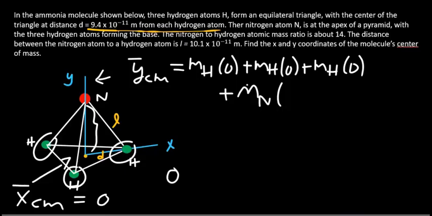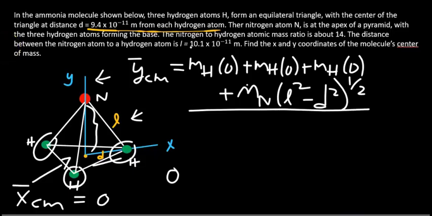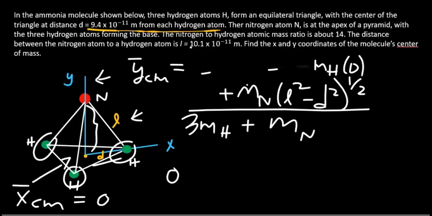And we know that to be the square root of the hypotenuse L squared minus that distance d squared. This is from the Pythagoras theorem. And you divide all that by the sum of the masses. So 3 times the mass of a single hydrogen atom plus the mass of the nitrogen atom. So the first 3 terms will go away, they are 0, and you get that.